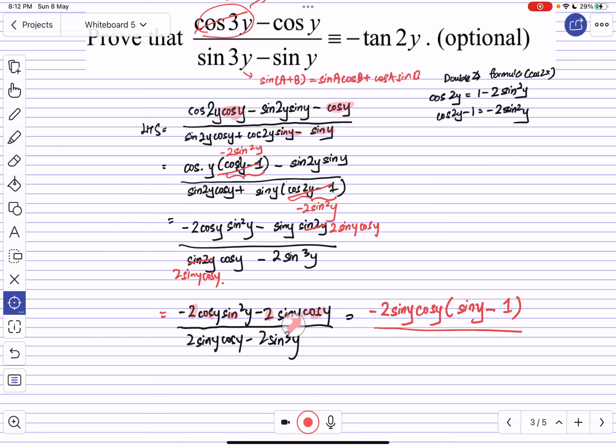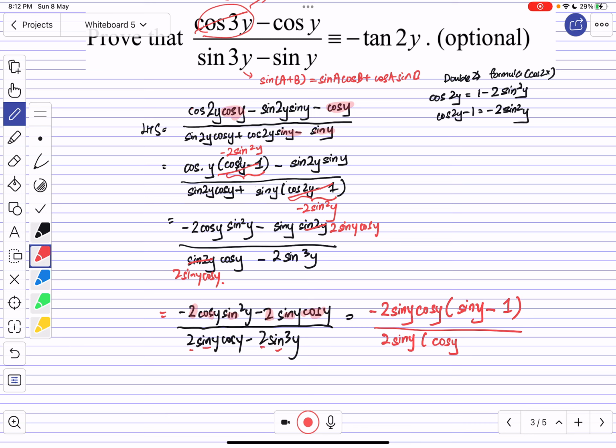Which is what I'm doing now. And for my denominator, I'm going to retrieve 2 sine as well. So I take out 2 sine y. This is cosine y minus probably sine square y.